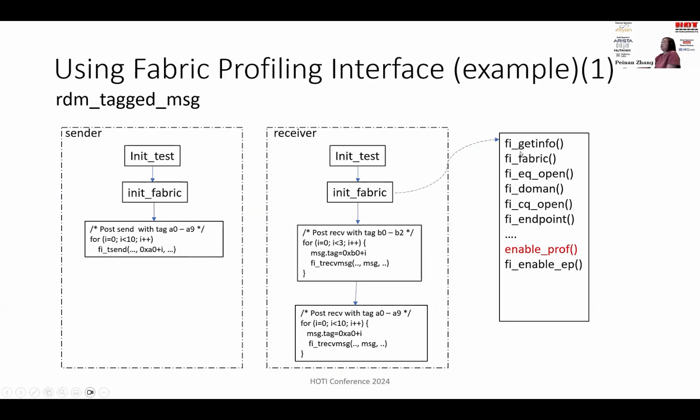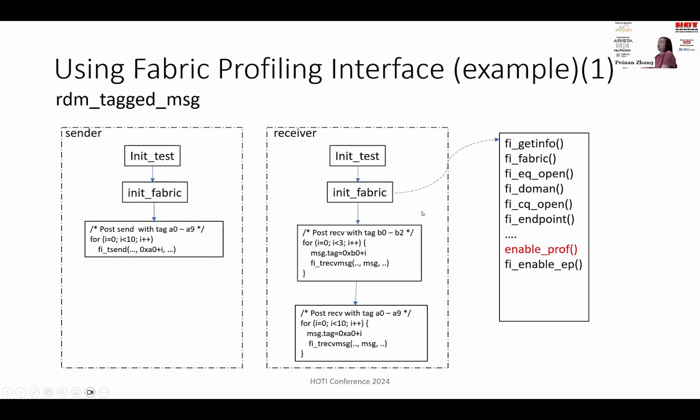So it gets info, creates a profile, creates a fabric, a domain, a CQ, an endpoint, allocates all the necessary resources, and enables the endpoint. Once both sides enable the endpoint and establish the connection, the sender will send ten tagged messages with tags A0 to A9.